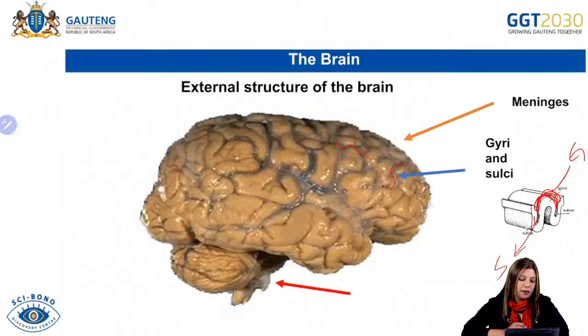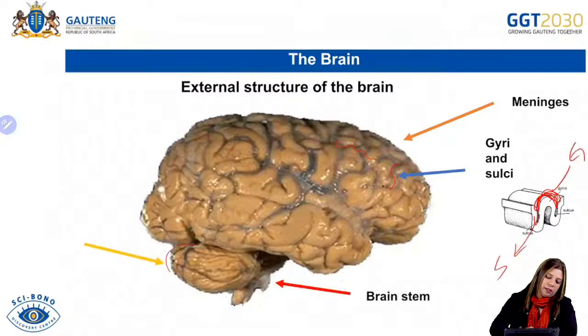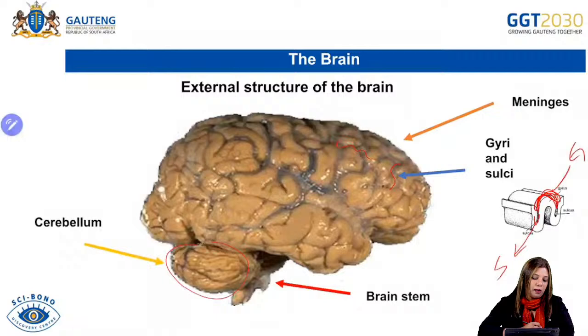And then the other part of the external structure, now we're only talking external structure. We are talking about the brain stem. There's the brain stem, which obviously leads to the spinal cord. And then we have this bulbous section here, which we call the cerebellum, one of the very, very important parts of the brain.